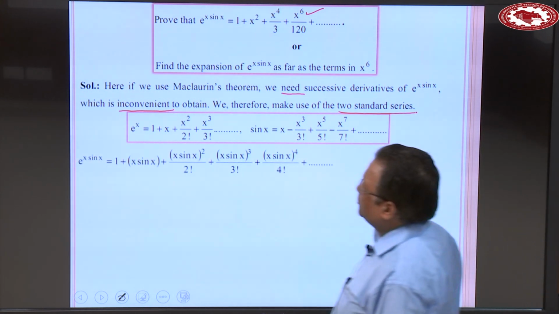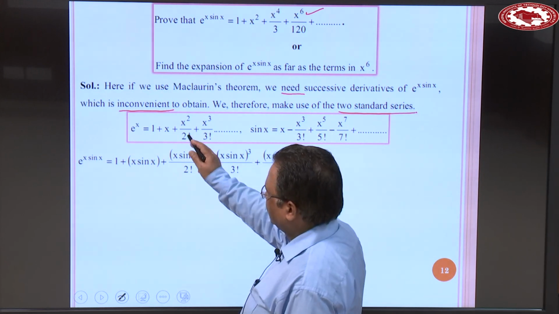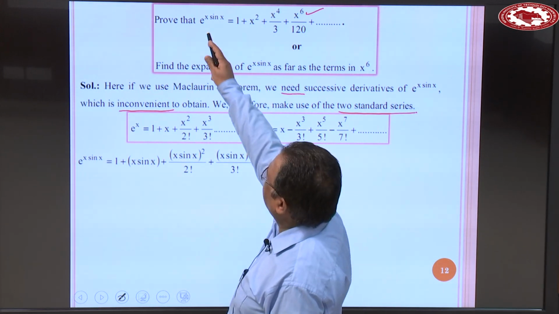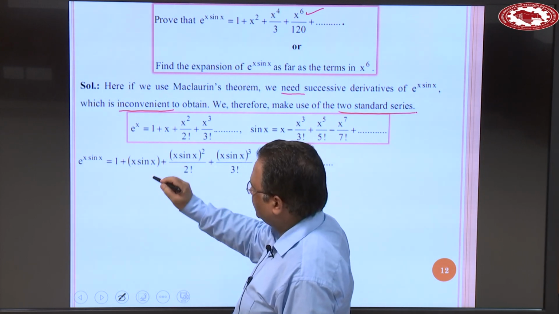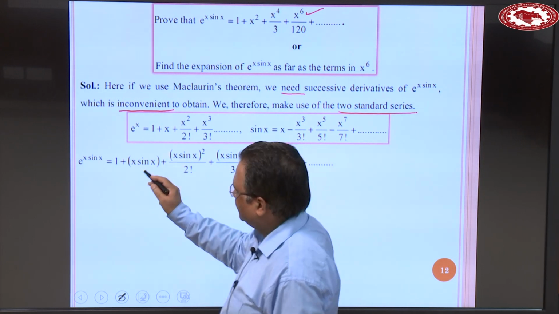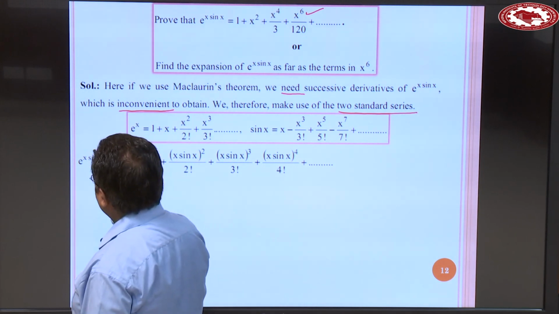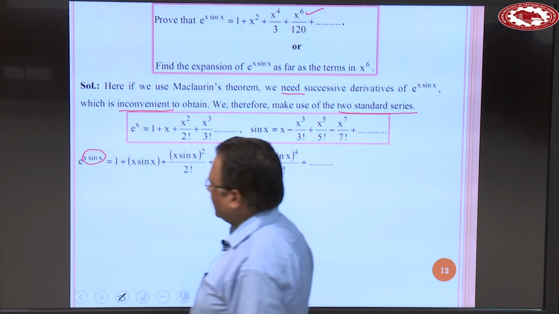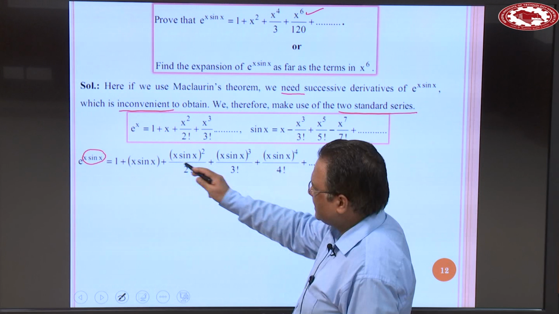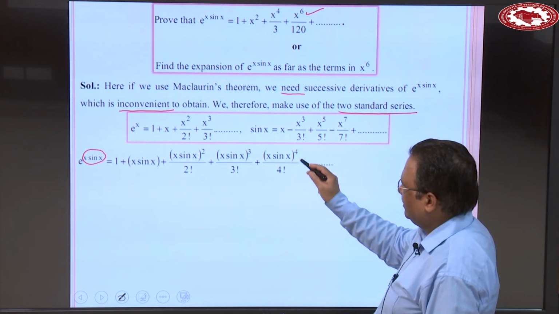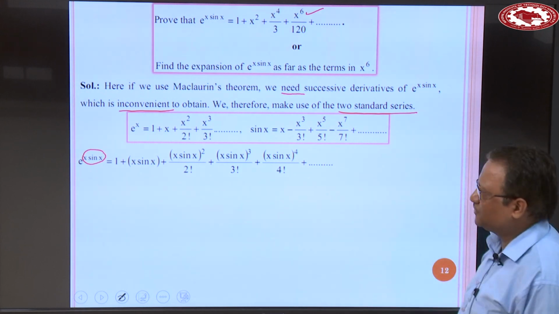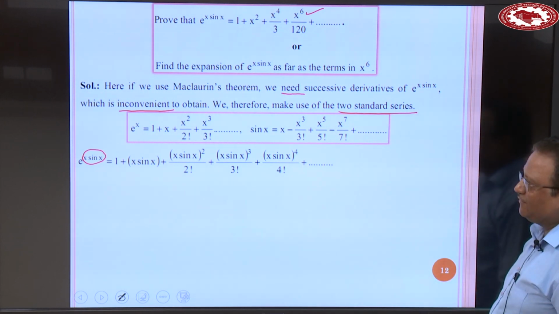Now, using this result, the function is e raised to power x sin x. So, e raised to power x sin x is 1 plus x sin x plus (x sin x) square over 2 factorial plus cube over 3 factorial plus power 4 over 4 factorial plus and so on. This one is the first step.